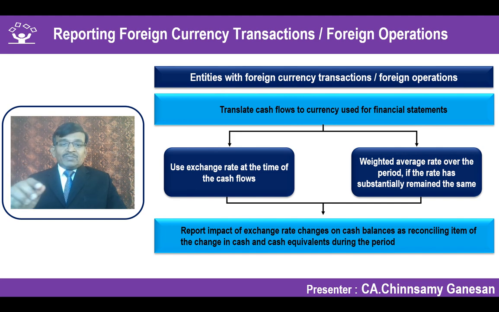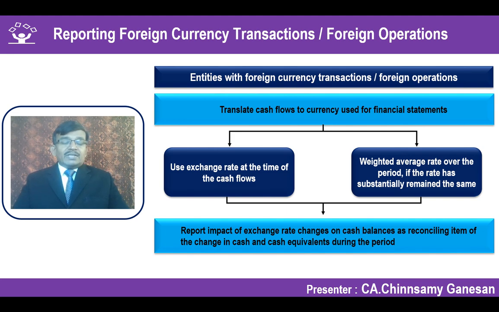After that, we will have one line item, the impact of exchange rate changes with respect to cash and cash equivalents, as part of the reconciling item. And then the opening balance and closing balance will come into the picture.